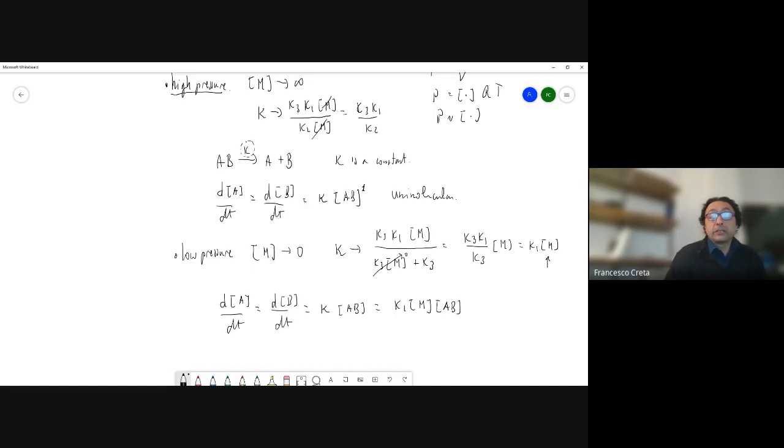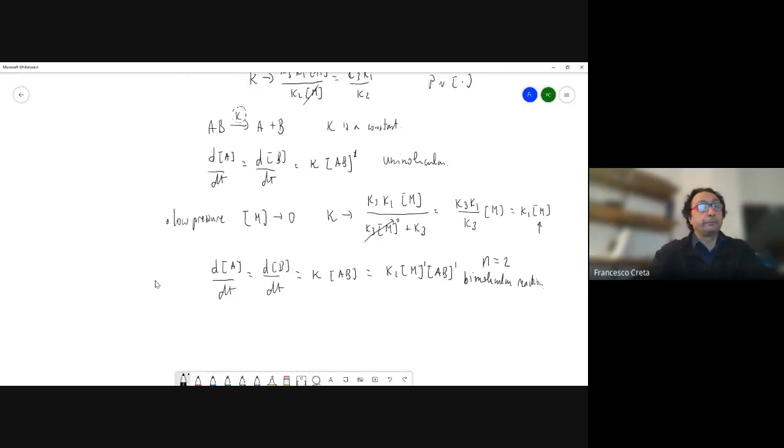Okay, so you see now that the order is now 2, n equals 2. So the reaction behaves as a bimolecular reaction. So you see how essentially the system is pressure dependent, okay? And it's pressure dependent because of this dependence of the reaction rate on the pressure, okay?